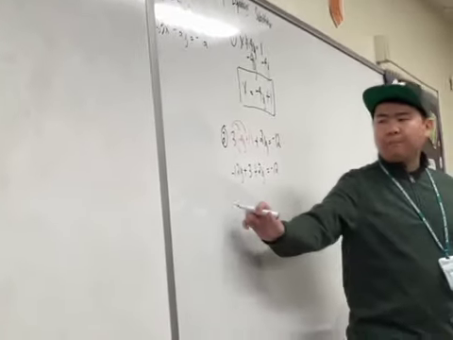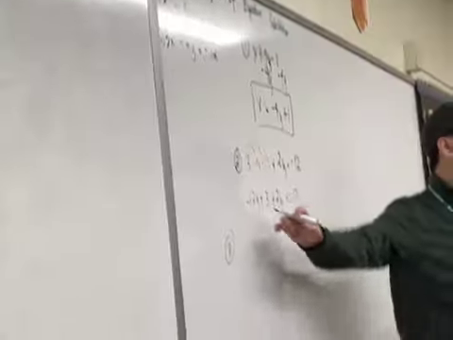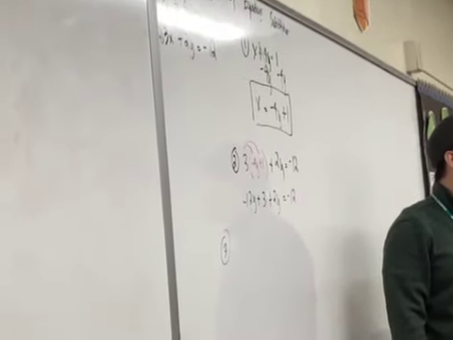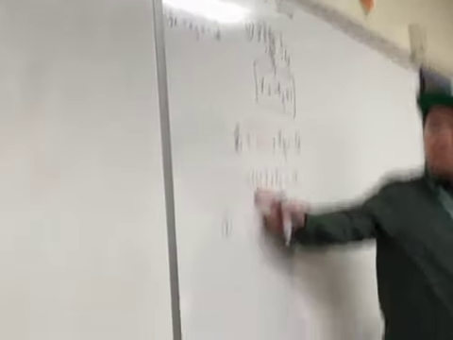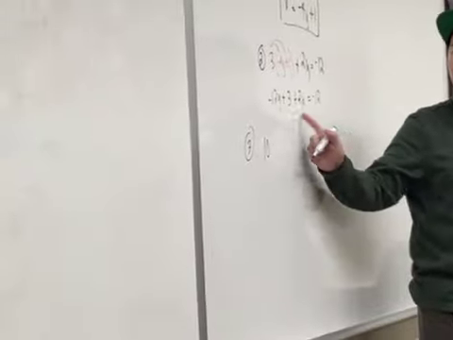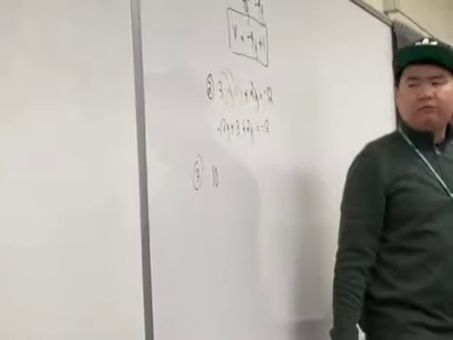Third step, combining like terms. This is a variable. This is a variable. These two are the same. They have y's. So this is negative 12 and a positive 2. What will you do if they don't have the same sign? Subtract. 12 minus 2 is what? 10. Which one is bigger, 12 or 2? What's the sign of 12?